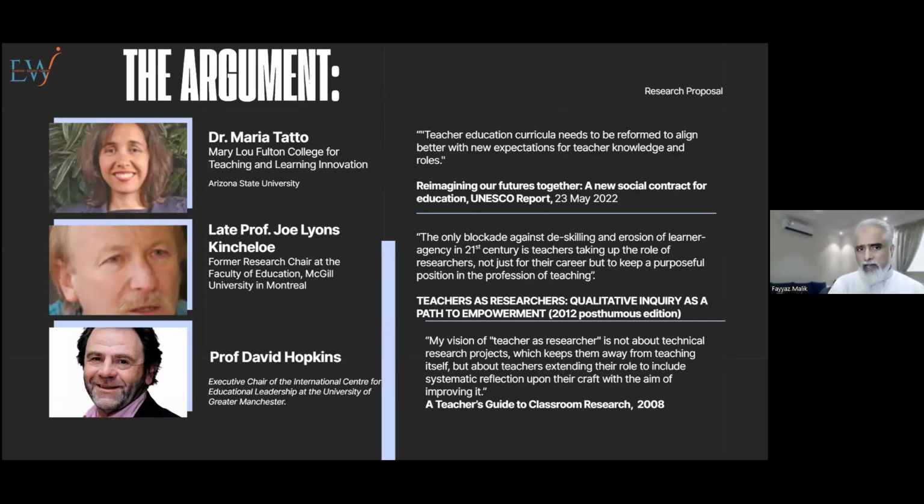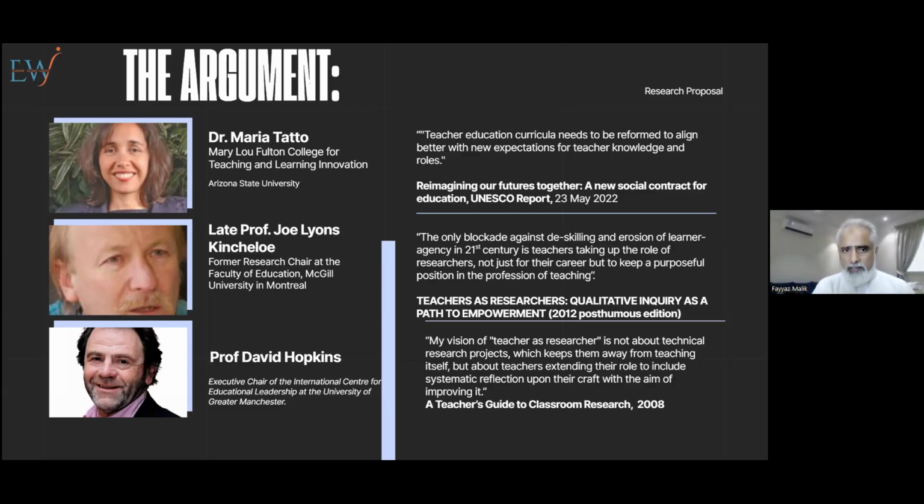Now, what is the argument here? Keeping all these points in mind, we have to get into this practice, and the teacher himself, the organization, the institute, and even the ministries need to understand this need. So I would like to mention three writers here.